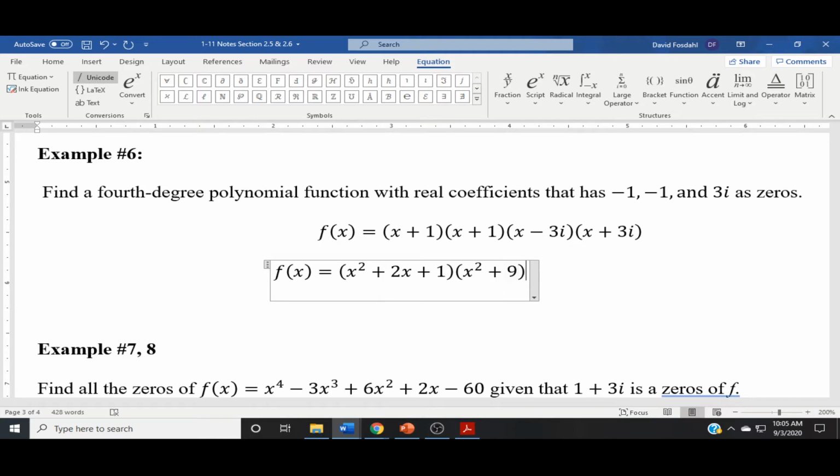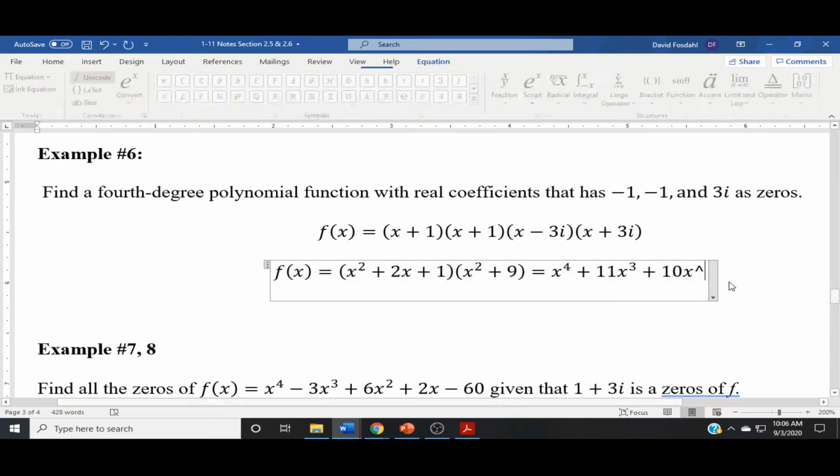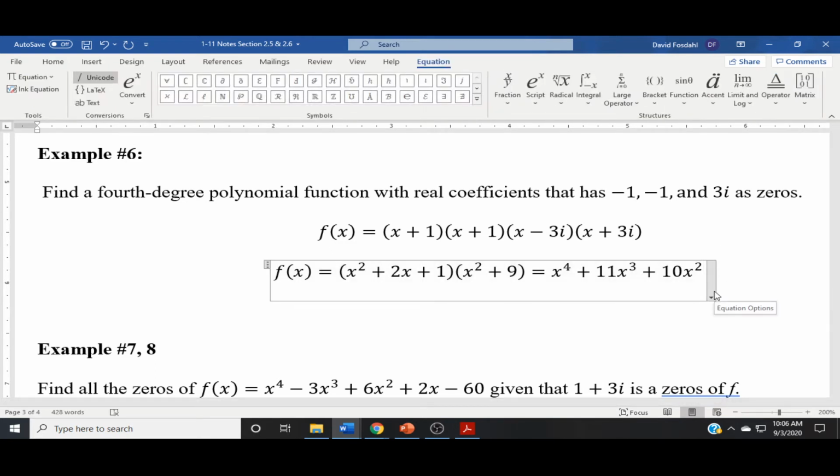Okay, then if we multiply these two together, you get x to the 4 plus 2x cubed plus 10x squared plus 18x plus 9.